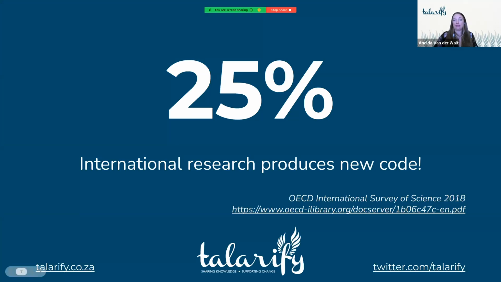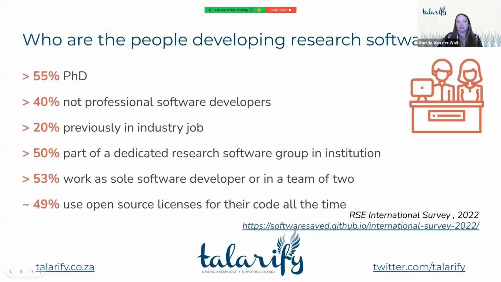According to the OECD International Survey of Science of 2018, a staggering 25% of international research produces new code. And I think in this audience, there are a lot of people who are part of the people who are developing this research software. In the Global Research Software Engineering Survey, which has been running annually or biannually since 2016, by the Software Sustainability Institute and collaborators in various regions across the world, the people who develop research software have these characteristics.